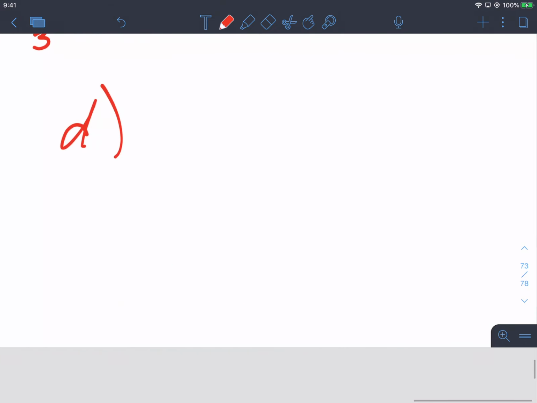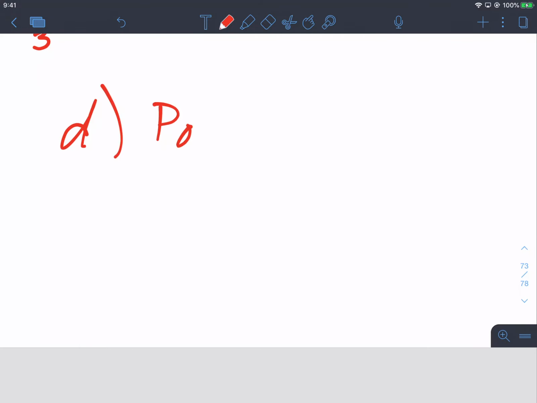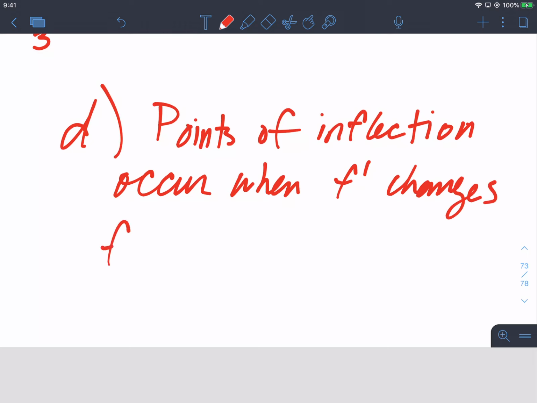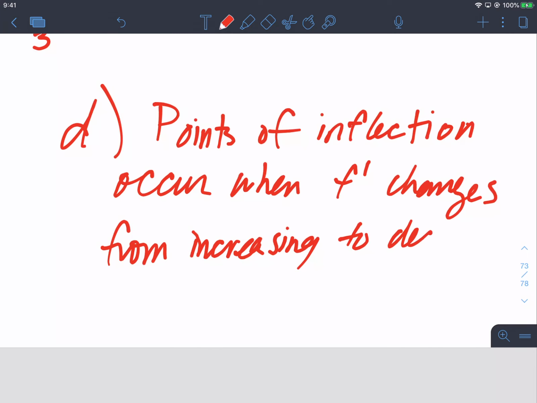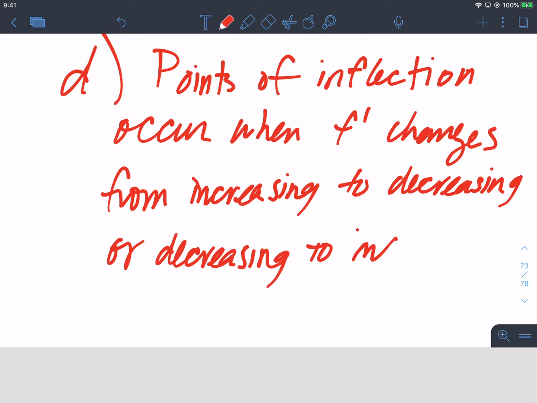Okay, so points of inflection occur when f prime changes from increasing to decreasing, or decreasing to increasing.